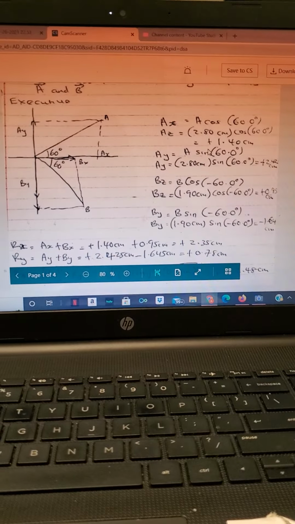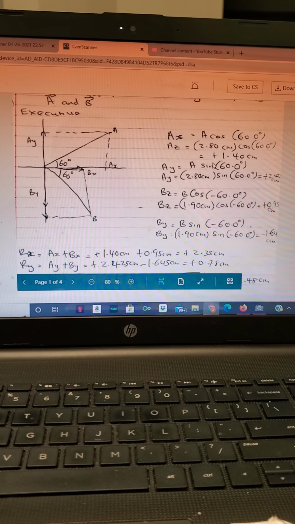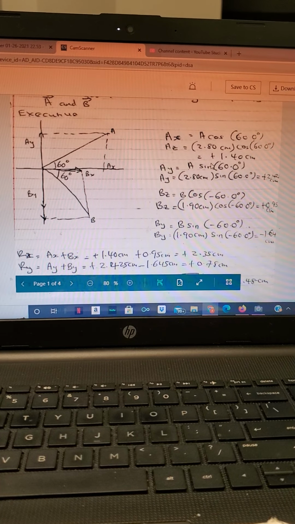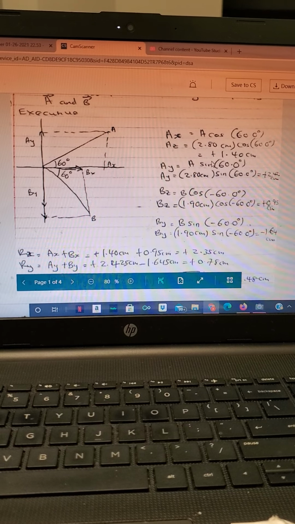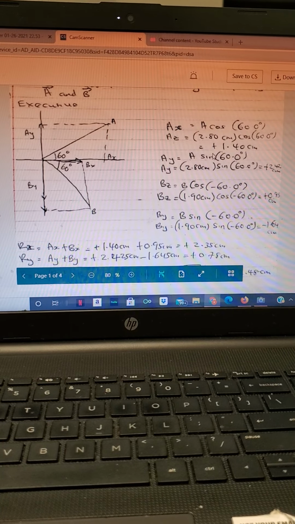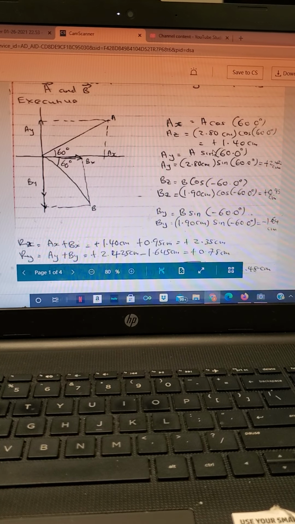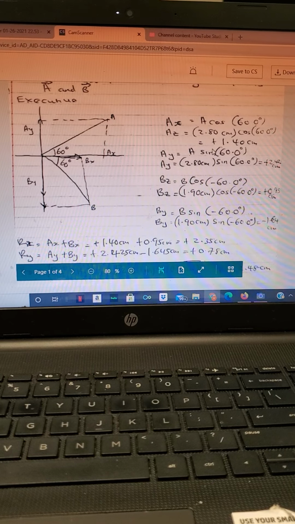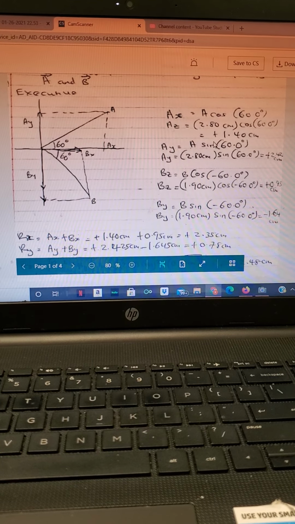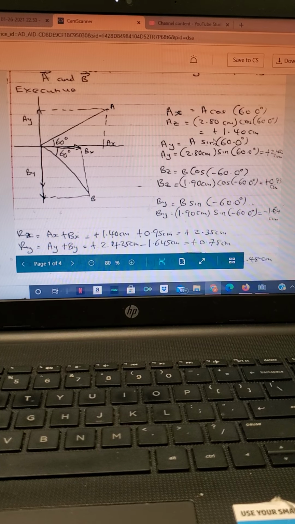Afterwards, we have to calculate the resultant, which is vector A plus vector B. So I have my resultant RX as AX plus BX, which is 1.4 centimeters plus 0.95 centimeters, and that will be 2.35 centimeters.